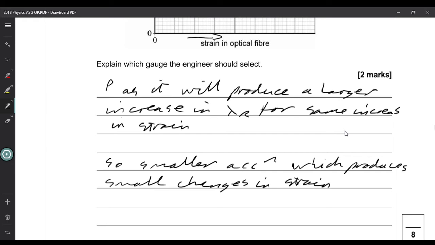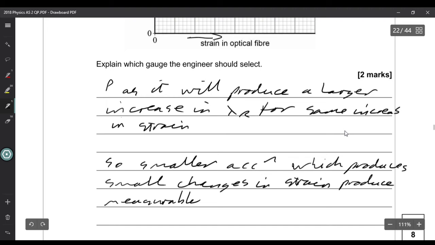And so these small changes in strain produce measurable changes in lambda r, therefore less uncertainty.